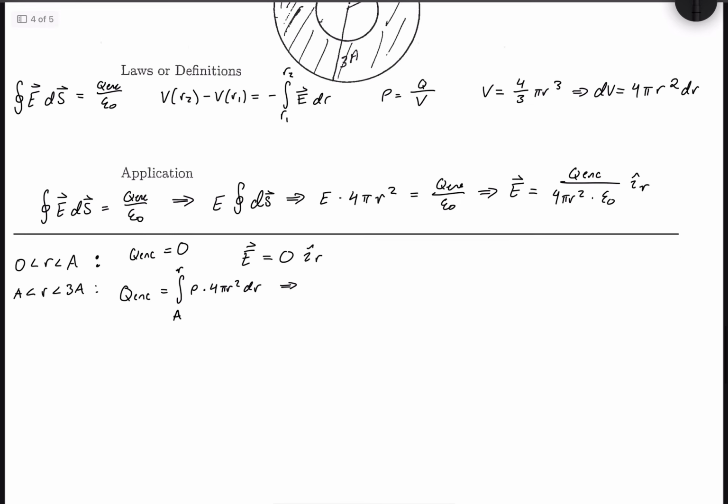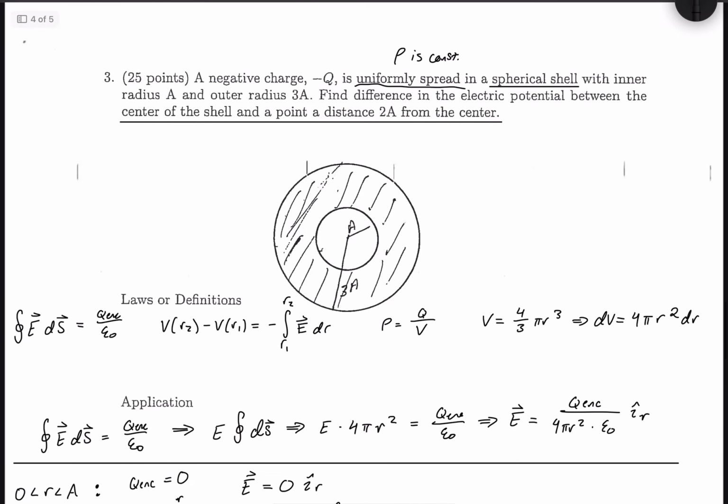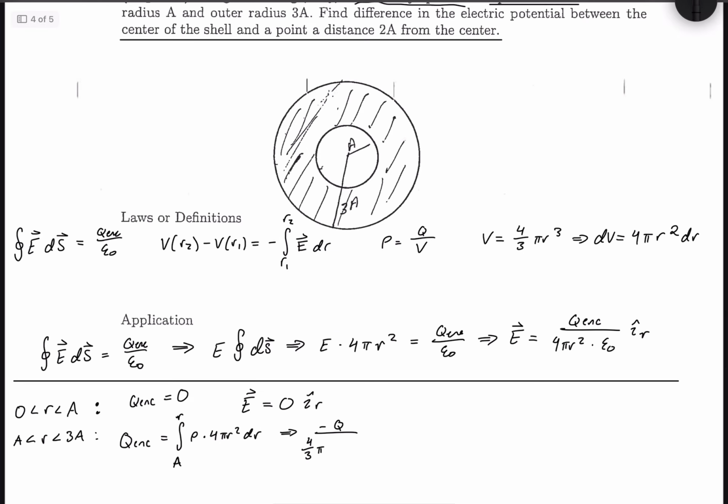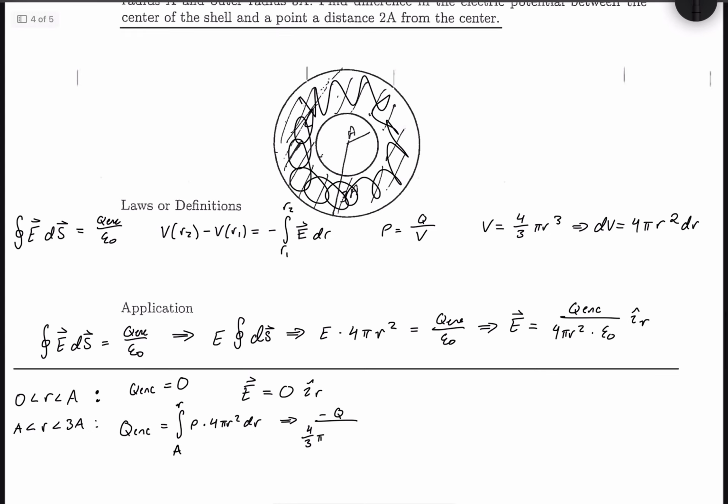We know rho is going to end up being negative Q over 4/3 pi times the radius cubed. Another thing to keep in mind is that rho, being a constant value, only applies to this part of the object, because it's the only part that has charge.